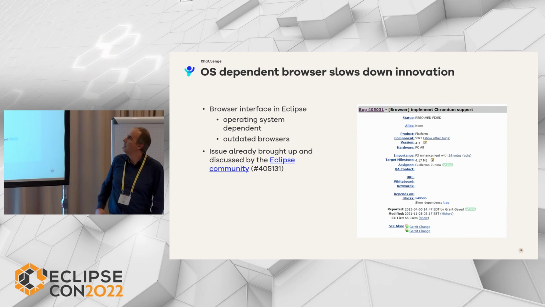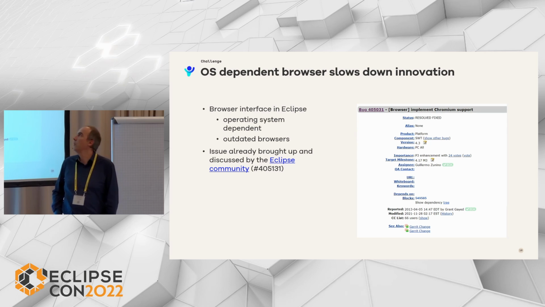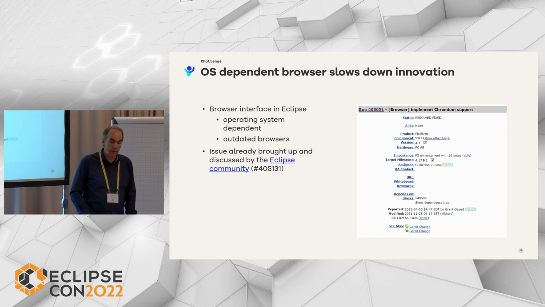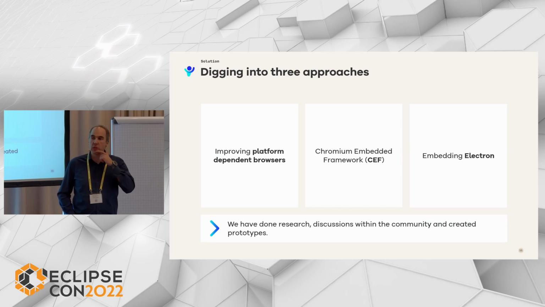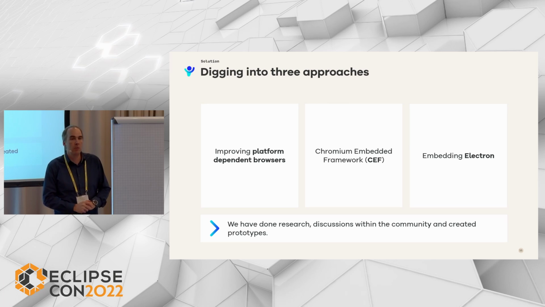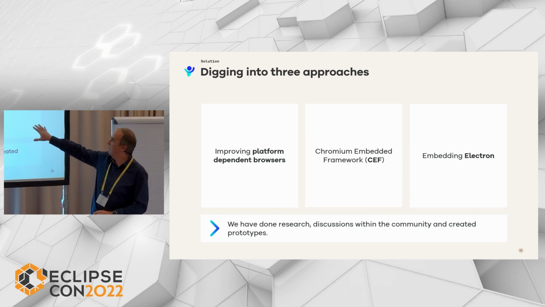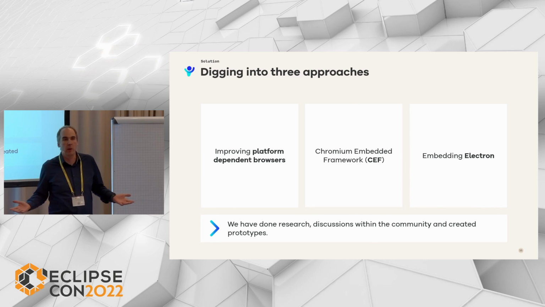There are some issues in the Eclipse community that are widely discussed. Here was one that tried to implement Chromium in Eclipse. There were some ideas and some things tried, but there is not yet a real solution. So we said, okay, let's investigate a little bit and do some research. We looked at basically 3 topics. Maybe we can improve the idea with platform-dependent browsers, or we can use Chromium, which is the most widely used browser.